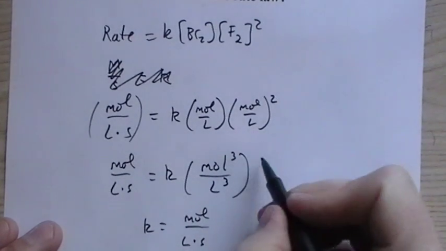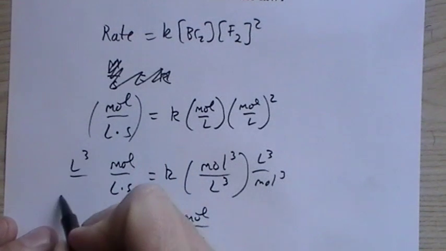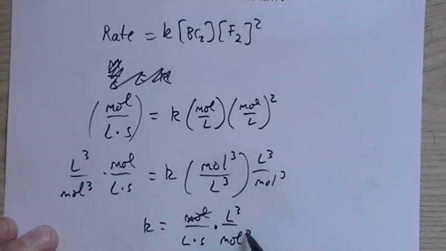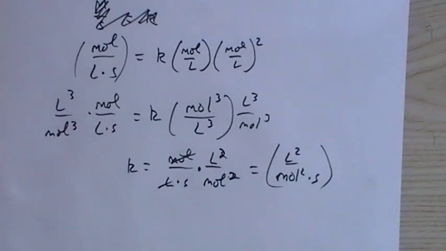Remember, we're going to flip this, so this is going to be liters over moles. Liters cubed over moles cubed. That changes to 2, so does that. It's liters squared, moles squared per second. Very odd units, but that happens when you're dealing with these rate laws.